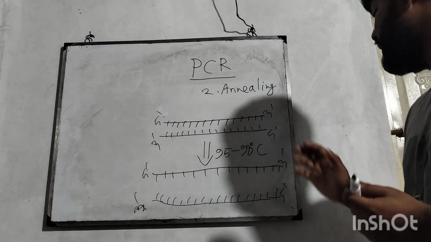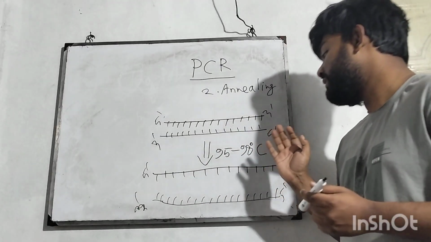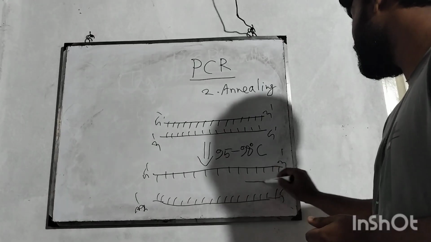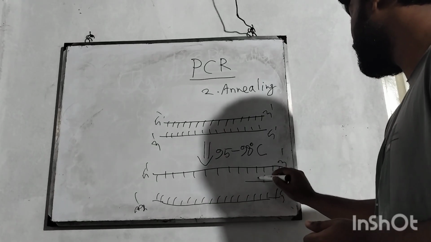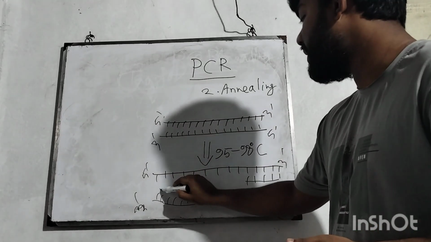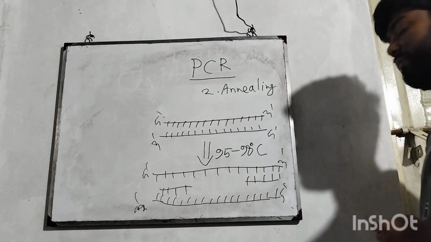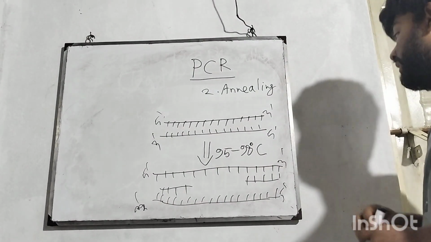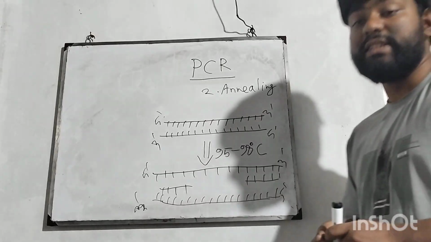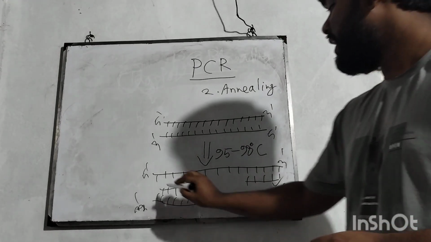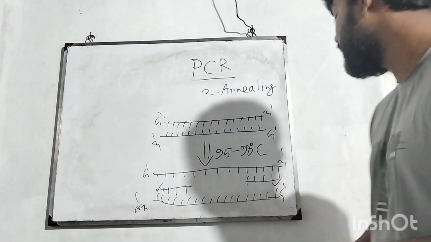We know that the template DNA is in 3' to 5' direction. So one primer will sit here and another primer will sit here. So annealing of our primer is done. This will be called our forward primer and this will be called our reverse primer.